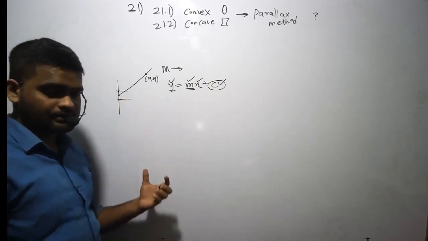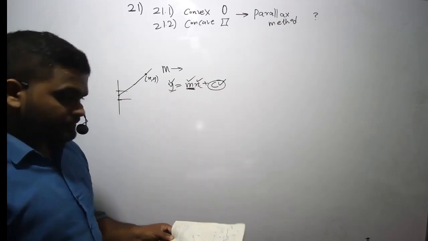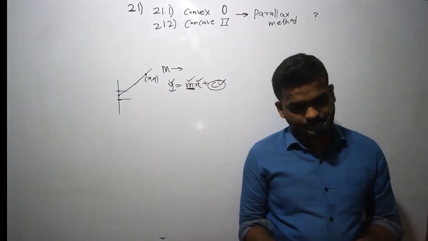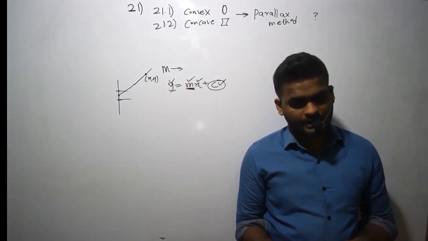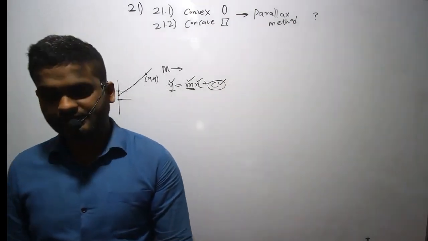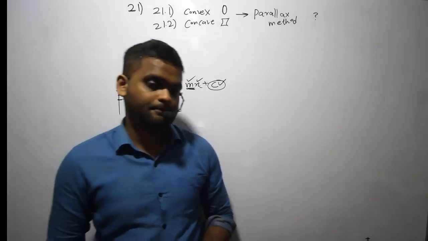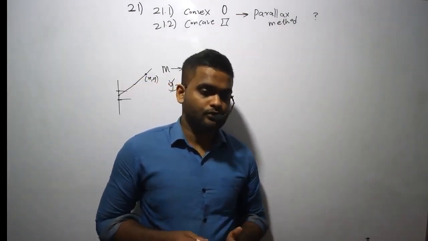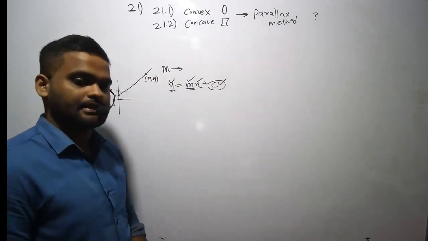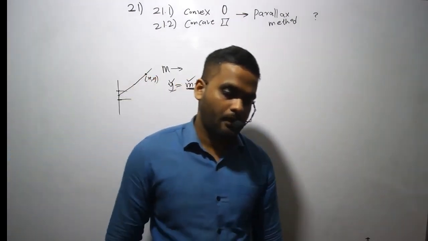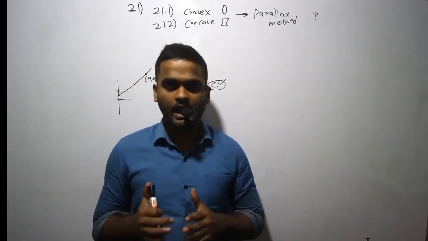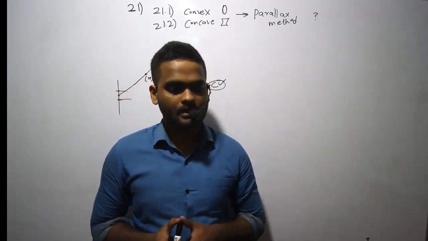Okay, below that, right? Find the gradient and substitute a coordinate in y equals mx plus c, in order to find the intercept more accurately, right?